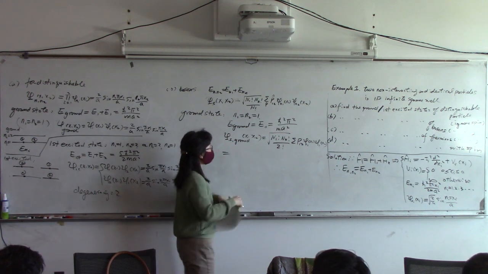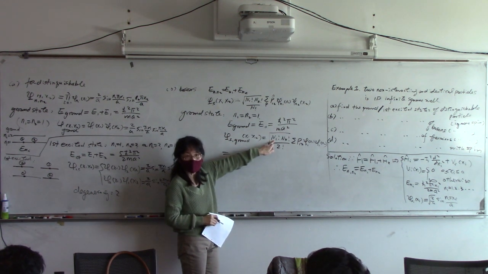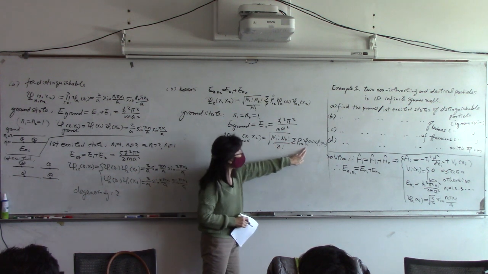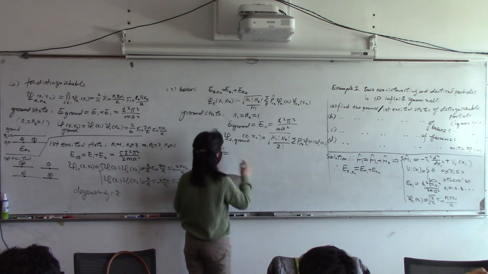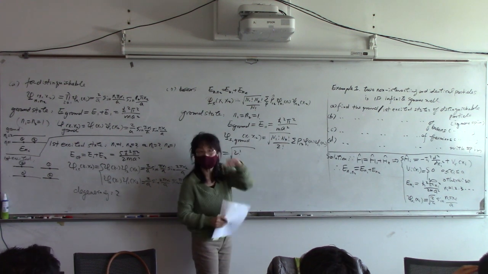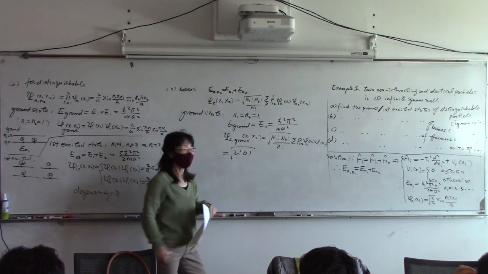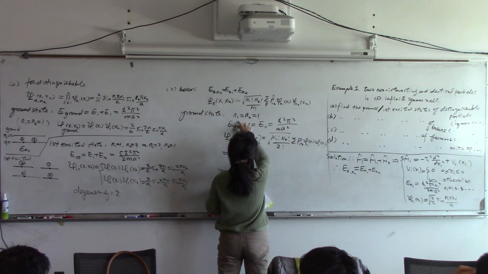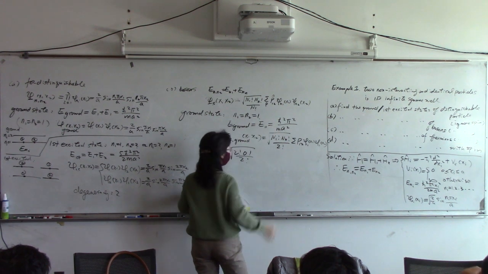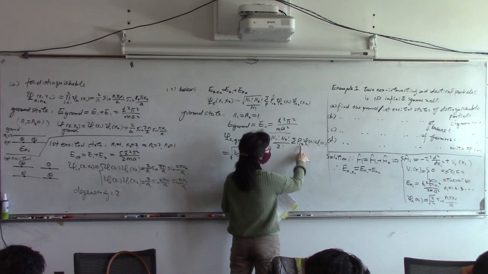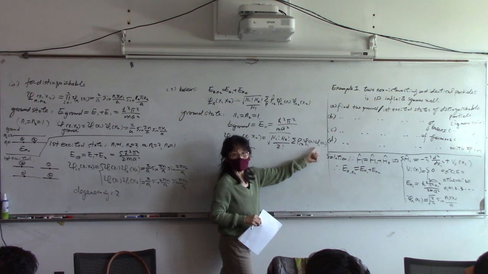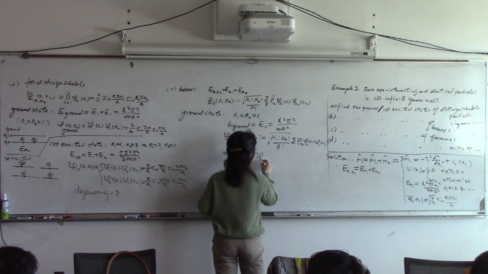Now, how to determine the n1? How many particles are in this state, in n1? 2, right? So here, 2 factorial. Any particle in n2? No, that's 0. That is how to determine it. You just look at how many particles are in state 1, how many in state 2. And this is 1, right? The permutation here is over different states, but here they are the same, so there is no permutation. So that is just simply a product.